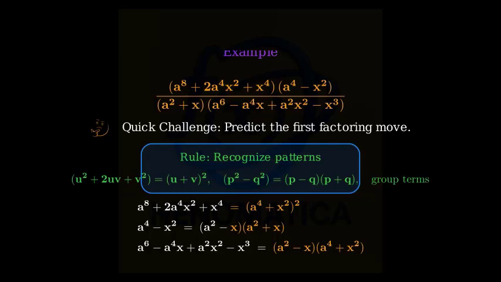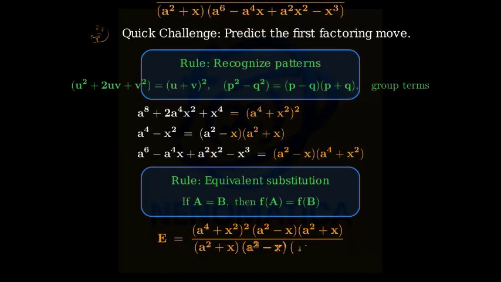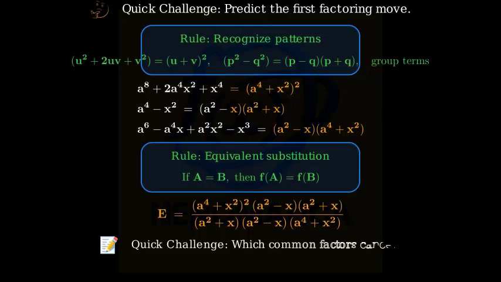Substitute factored forms into the fraction. Rule: replace components with equivalent factorizations. The numerator becomes (a to the 4 plus x squared) squared times (a squared minus x) times (a squared plus x), and the denominator becomes (a squared plus x) times (a squared minus x) times (a to the 4 plus x squared).